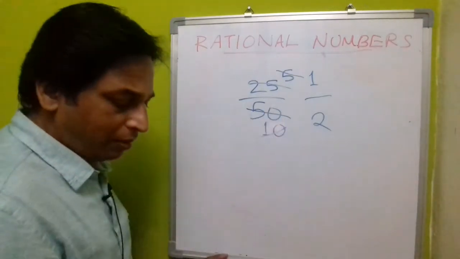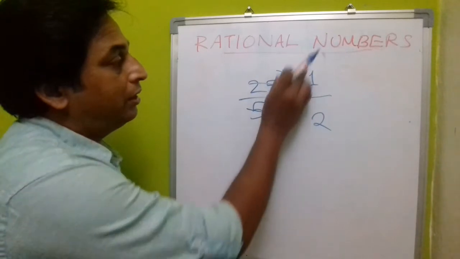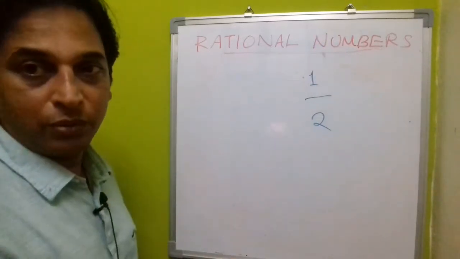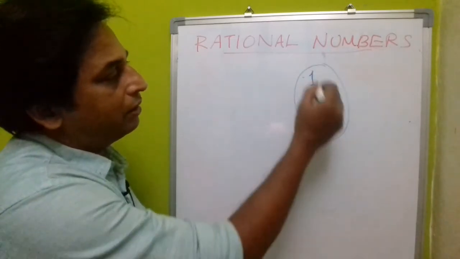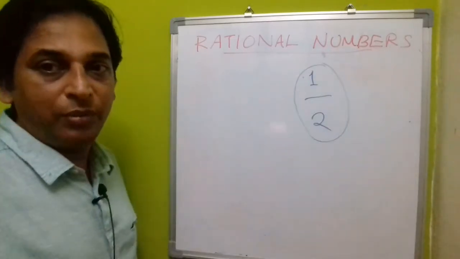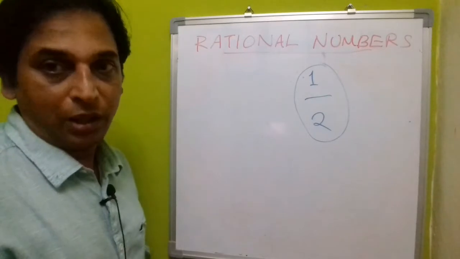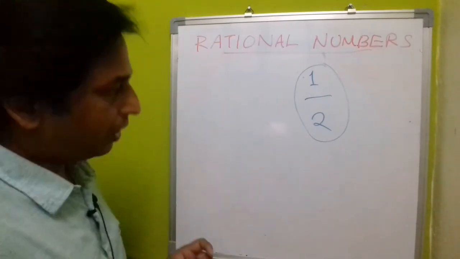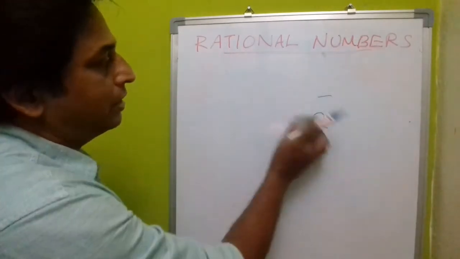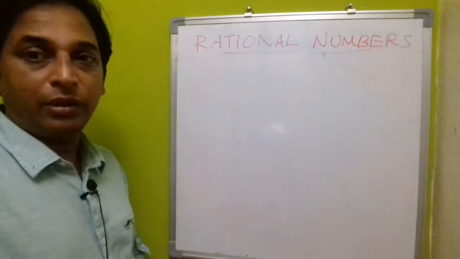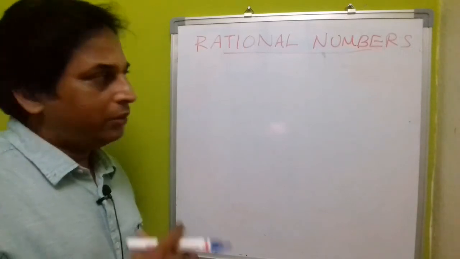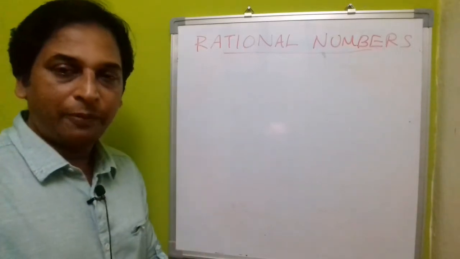So 25 by 50 can be simplified into 1 by 2. This is the simplest form, and there are no other common factors between them other than 1. So 1 by 2 is a rational number. This is what you need to keep in mind when you define a rational number.